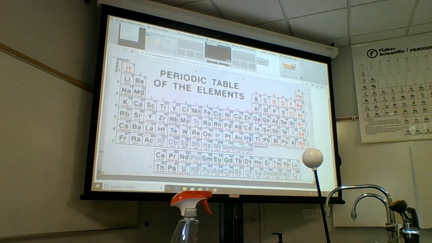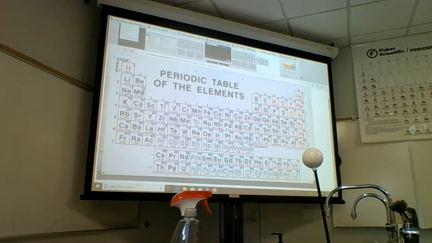So the first shell is 1s, second shell is 2s, 2p, third shell starts with 3s, 3p, fourth shell starts with 4s, 3d, 4p, fifth shell starts with 5s, 4d, 5p, sixth shell starts with 6s, and then it goes where? It goes 6s to 4f, and then to 5d, and then we start the 7th shell at 7s.